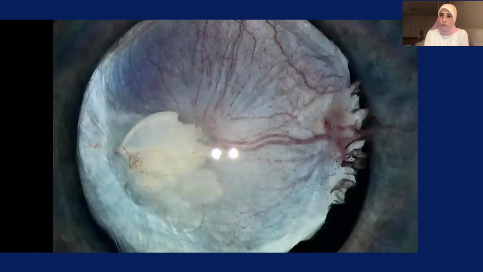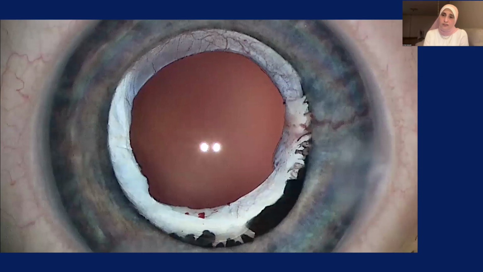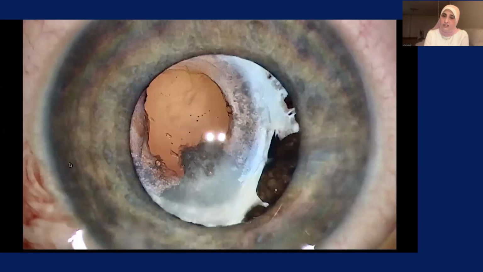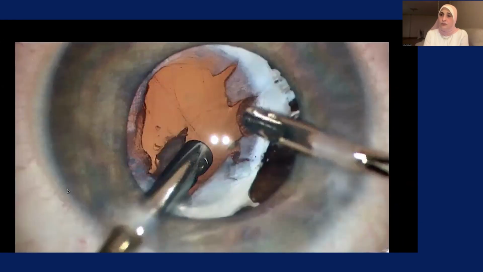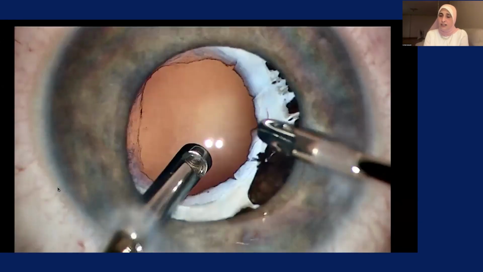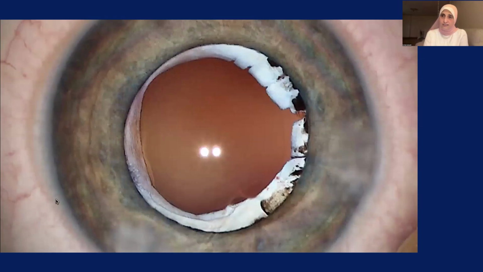Why do we do this? Why don't we leave it like this as a clear fibrous ring for future secondary IOL? If you leave it like that, in 100% of cases, capsular phimosis will occur and secondary cataract will occur, and you will have to go on with a secondary surgery in order to clear the visual axis.